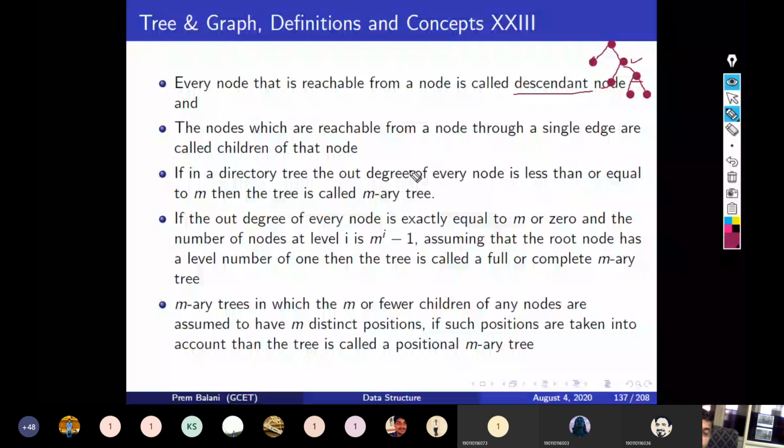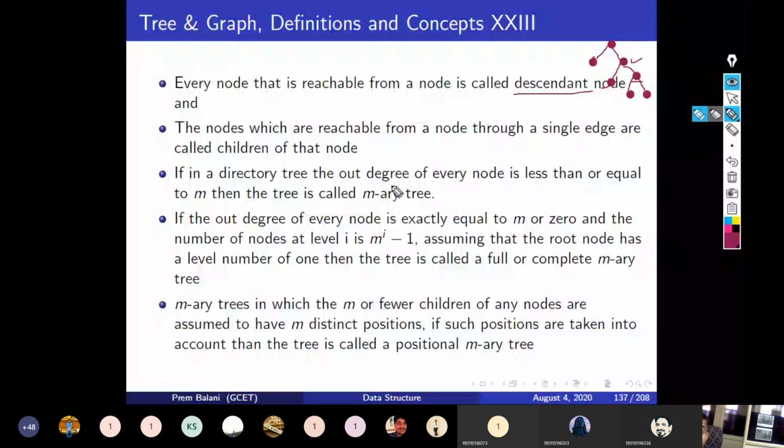If in a directed tree, the out degree of every node is less than or equal to m, then that tree is called an m-ary tree.